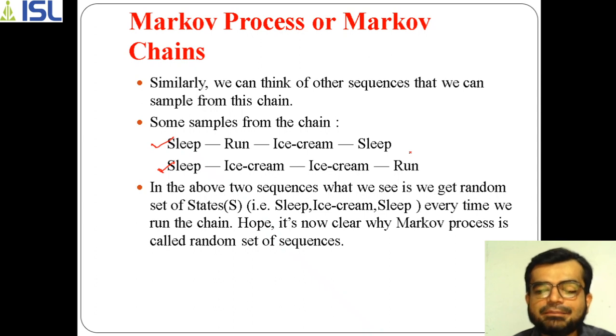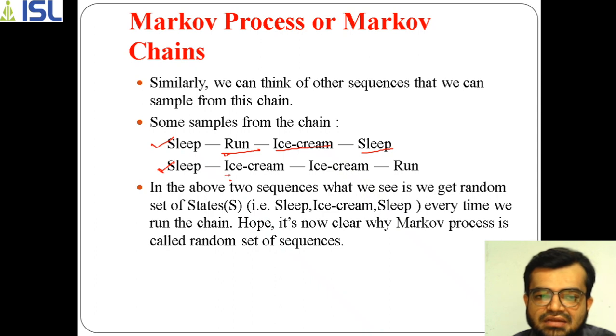But what has happened here is that when it goes from one state to the next state, the next state depends only on the current state. That means the run state depends on the sleep state, the ice cream state depends on the run state only, and the sleep state depends on the ice cream state. It does not depend on the previous states.